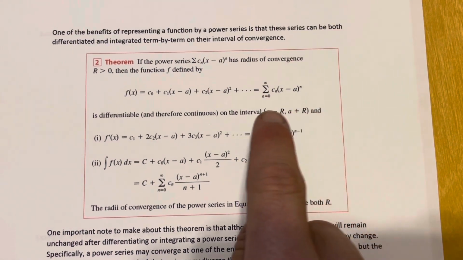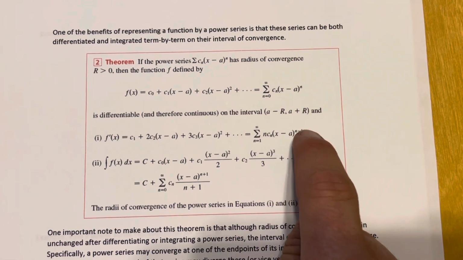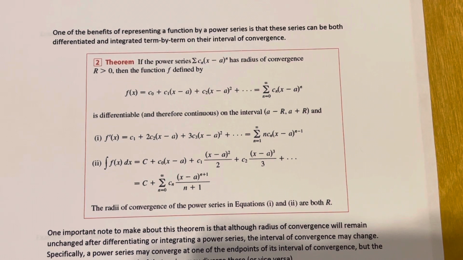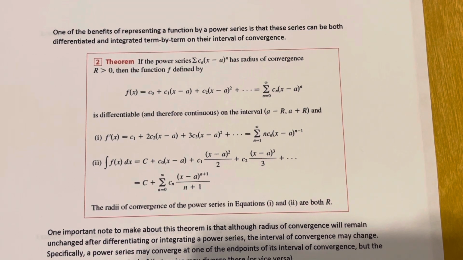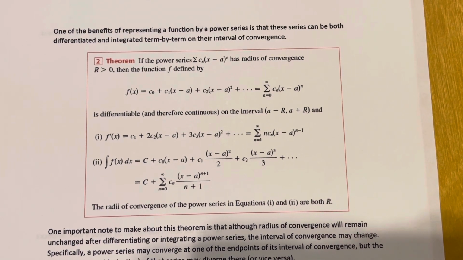So if the radius of convergence of this one is r, then both of these will also have a radius of convergence equal to r. That's really nice because that means you don't have to go through the work of finding a new radius of convergence when you get these new series. You can just carry over the old one. So in the next video, we'll do a couple of examples where we use this idea to come up with new power series representations for different functions.